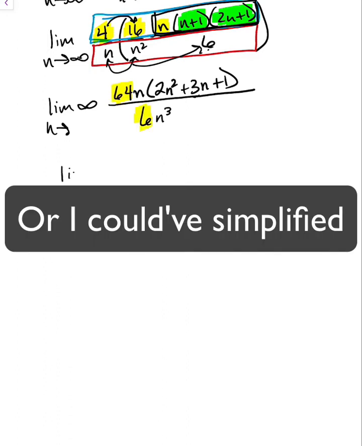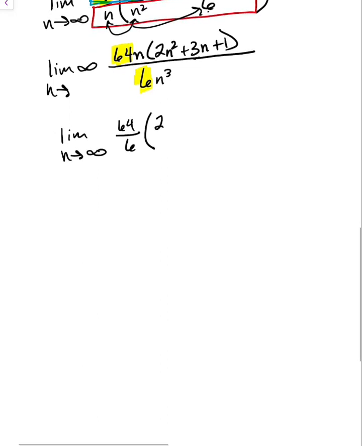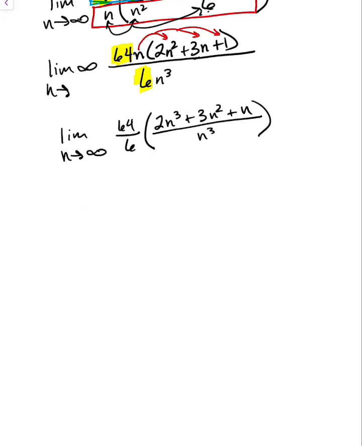So I'll have a limit of, as n approaches infinity, 64 divided by 6 times, okay, so then, excuse me, I need to go back up here. I need to distribute this n to these three terms. That's going to give me 2n cubed plus 3n squared plus n, and then all of this divided by my n cubed.